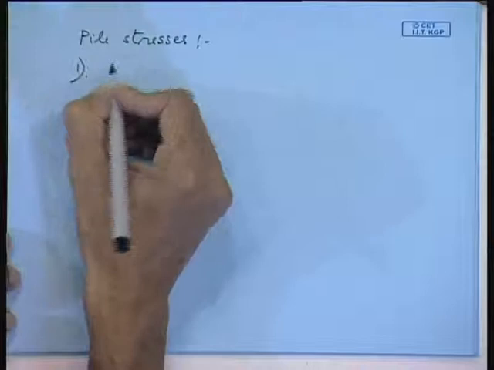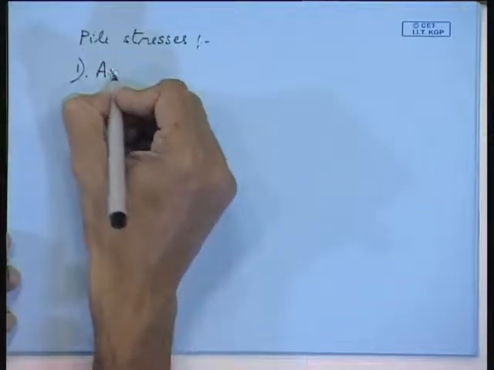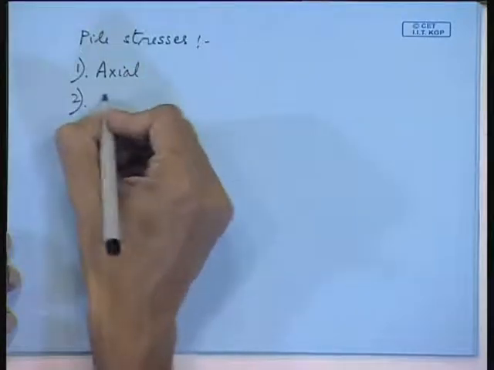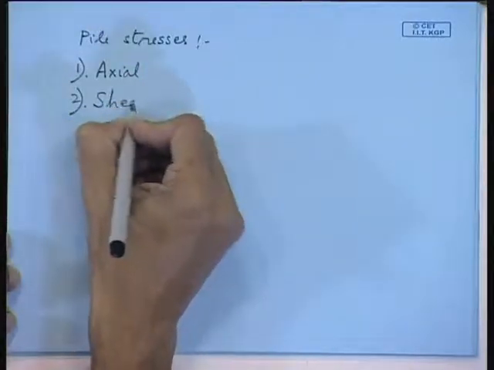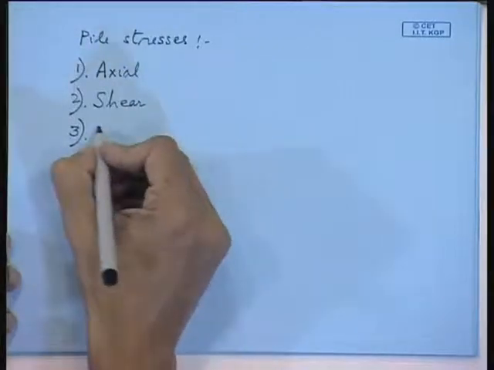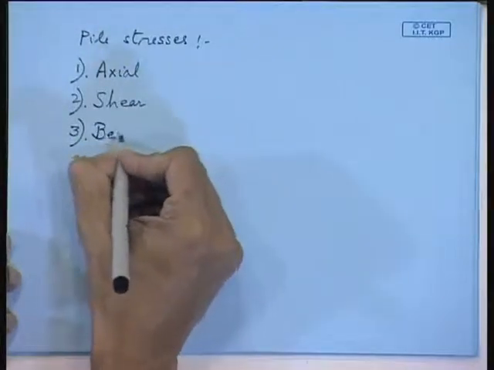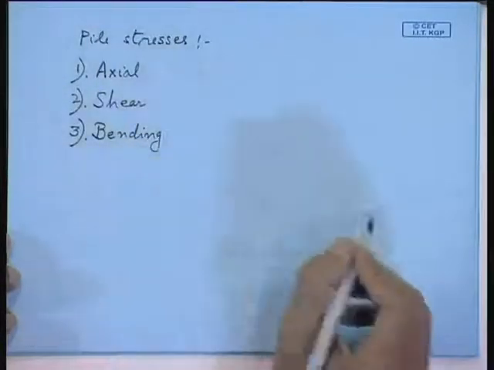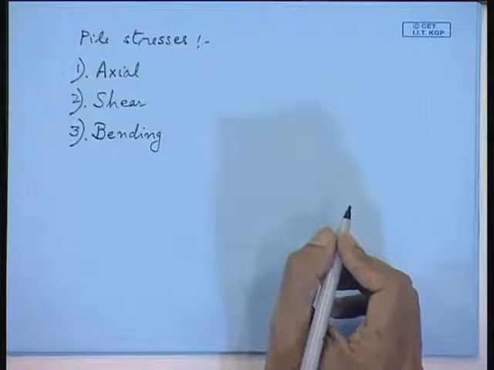First you calculate axial, then shear, and last one you need to calculate is bending. So these are the three important stresses coming on the offshore pile.